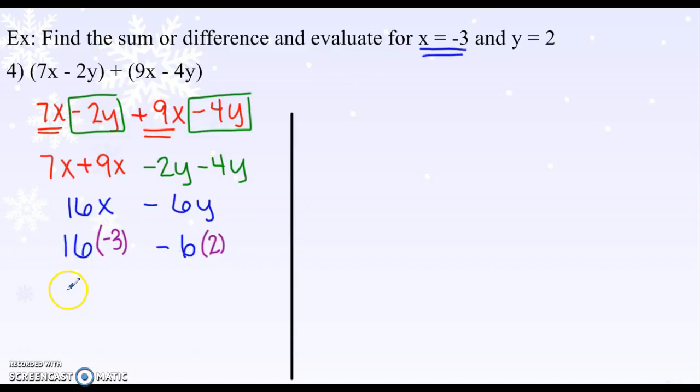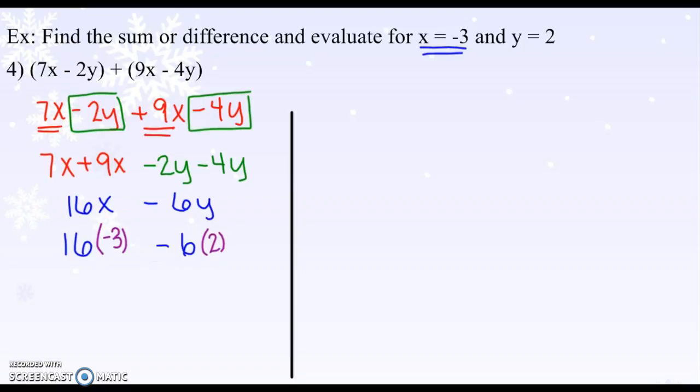So 16 times negative 3 minus 6 times 2. So 16 times negative 3 is negative 48. Minus 12, we should have negative 60.